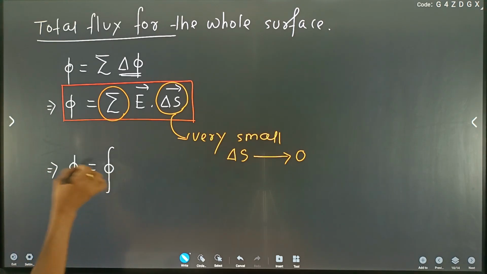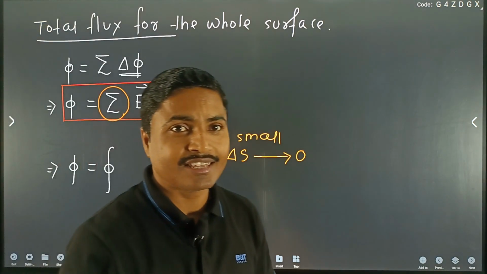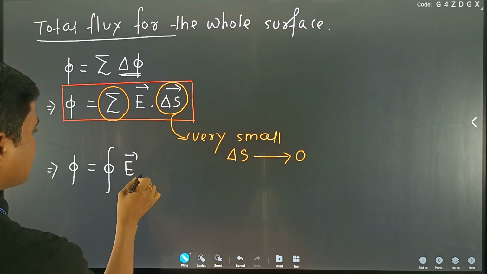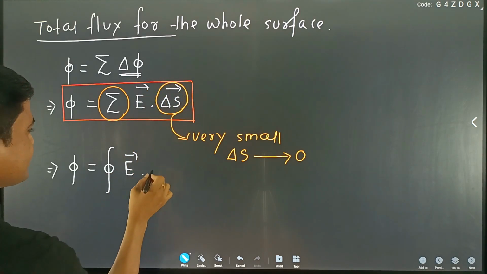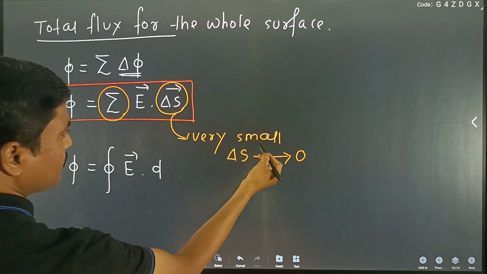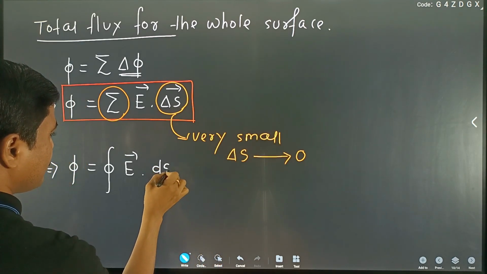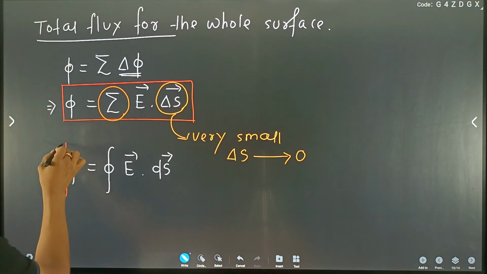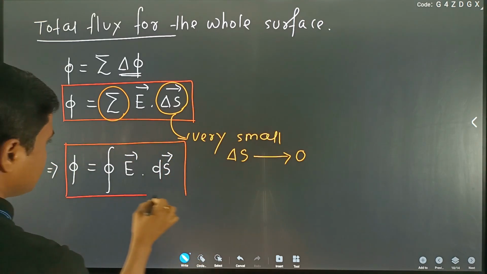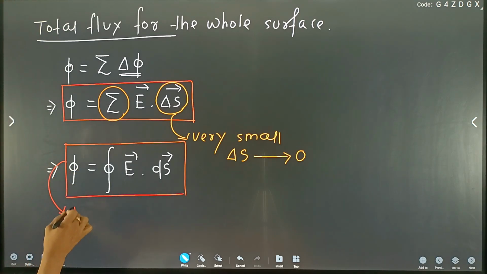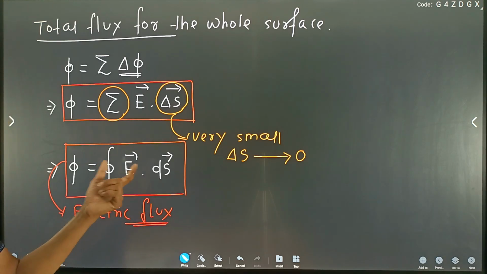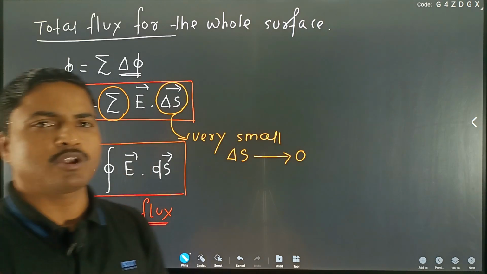Integration over a closed surface. Closed surface means a 3-dimensional case. Vector E dot, in place of del S for a very small surface area we write ds vector, and this is the final expression of electric flux.